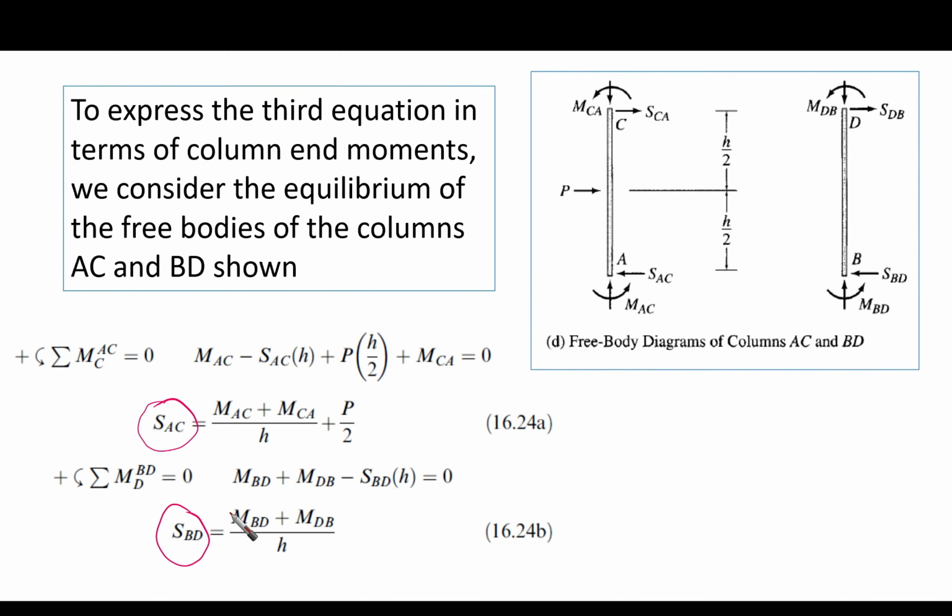Okay, now let's go to the next part, which is how to get this SAC and SBD in terms of the moment. Remember that we need to express all our equations in terms of moment.